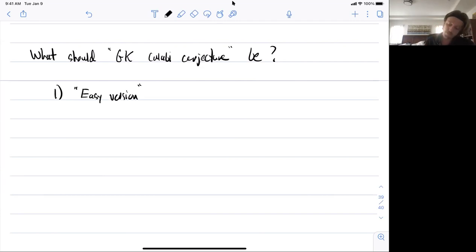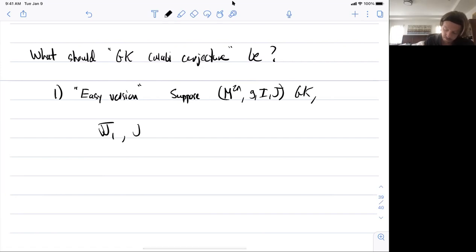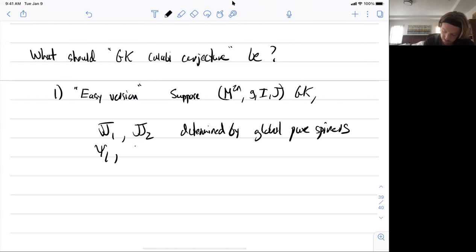So suppose I have M2N, G, I, J generalized Kähler, and suppose J1, J2 are determined by global pure spinors, psi1 and psi2.